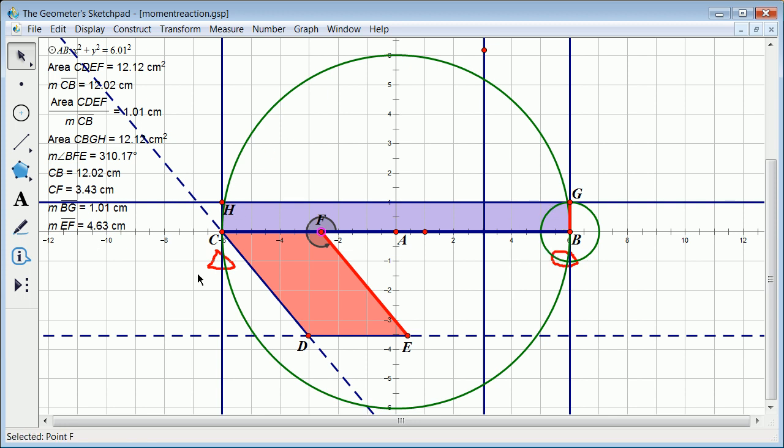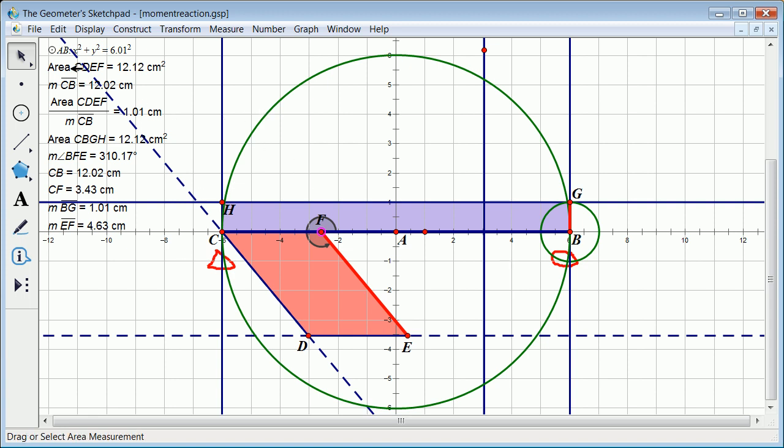So that's the construction. Once you get the theme of this, you can realize how much of algebra is geometry, and how much of geometry is algebra, and how much of trigonometry is algebra, and so on.